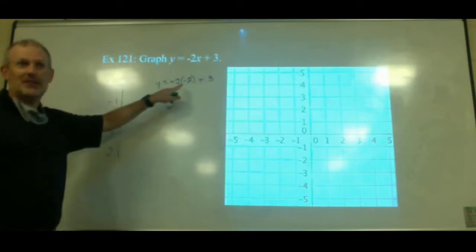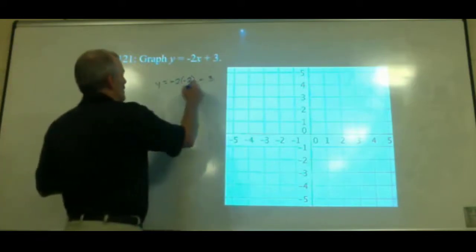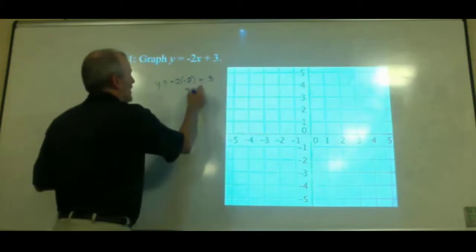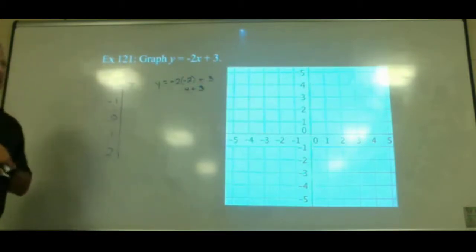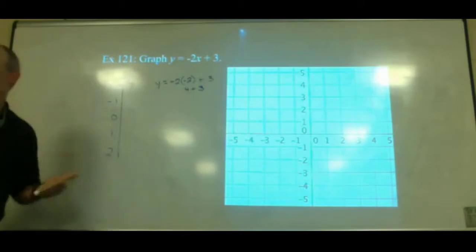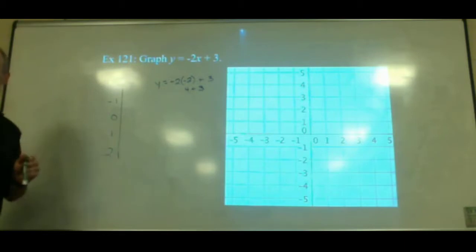What is -2 times -2? Positive 4. So this becomes 4 plus 3, and that is 7. Now, that's too big. It doesn't fit on my graph, so I'm not going to worry about that. I just won't graph that one.